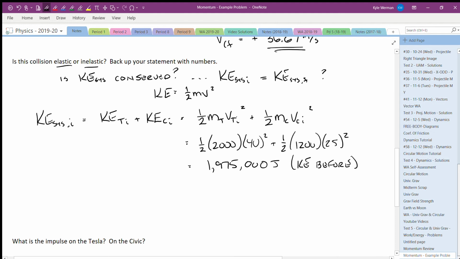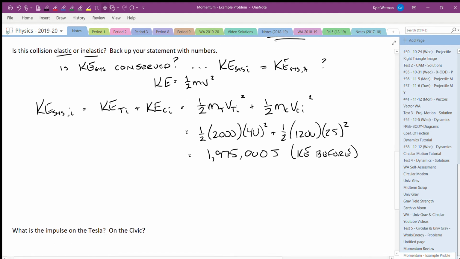Well, let's figure out what it is afterwards. And so all I need to do is calculate with the velocity I just calculated for the Civic. So the system at the end is just the same equation except with the final velocity. So the kinetic energy of the Tesla at the end plus the kinetic energy of the Civic at the end.